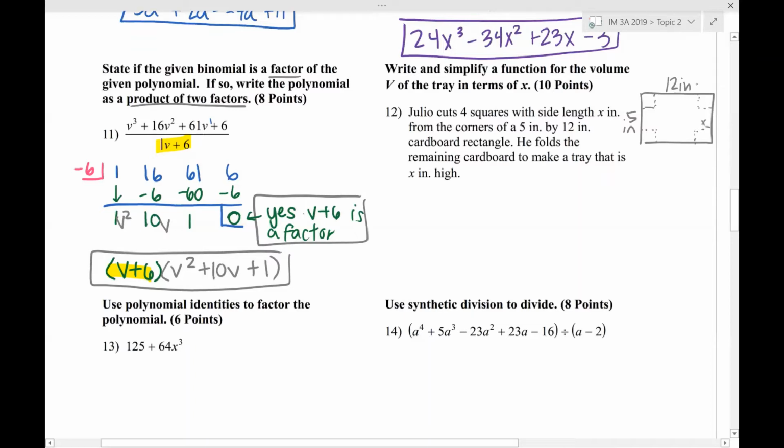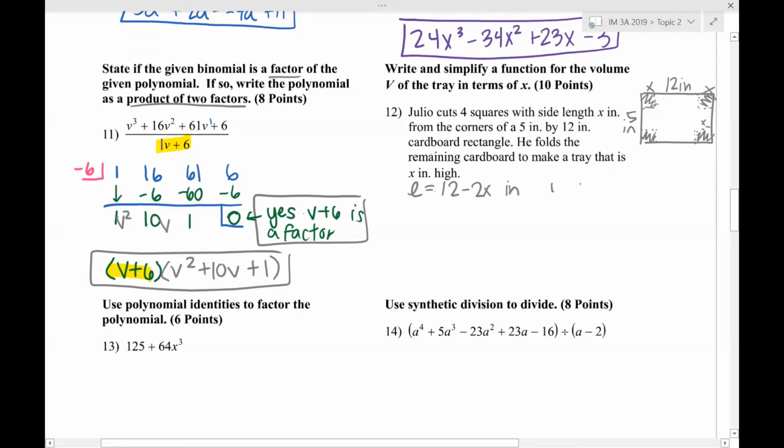So notice that if I imagine that these corners are gone, then I fold up the kind of plus sign looking thing, and that would make a tray. And so that means that the length is going to be, since these were both x, 12 minus 2x inches.